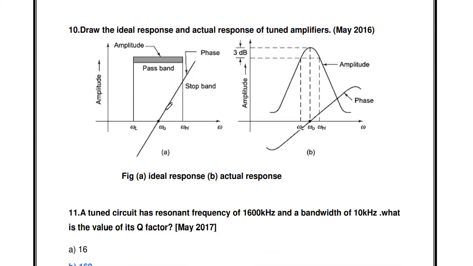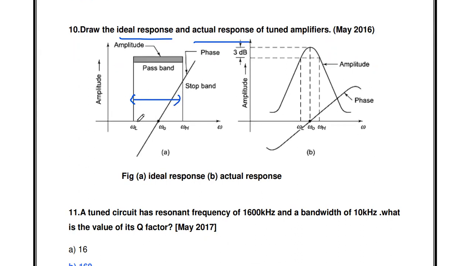Then the next one: draw the ideal response and actual response of tuned amplifier. This is a 2-mark question asked in May 2016. A tuned amplifier, you already know, amplifies only a narrow band of frequency. So this is a pass band.